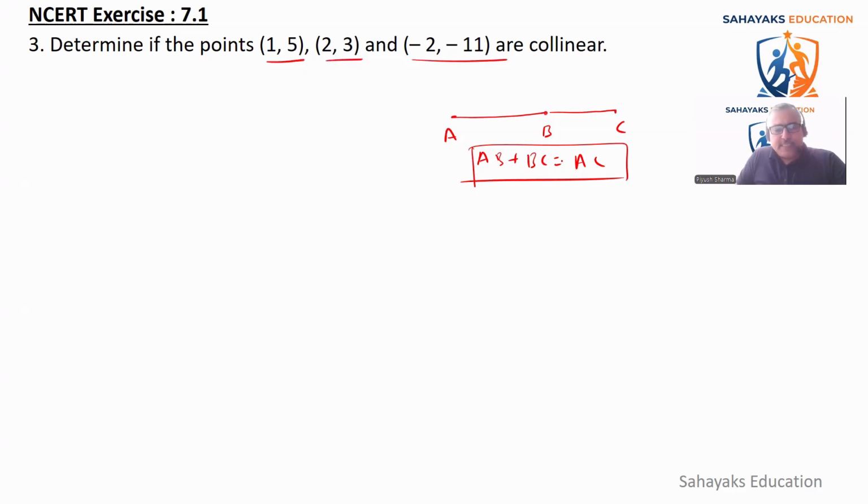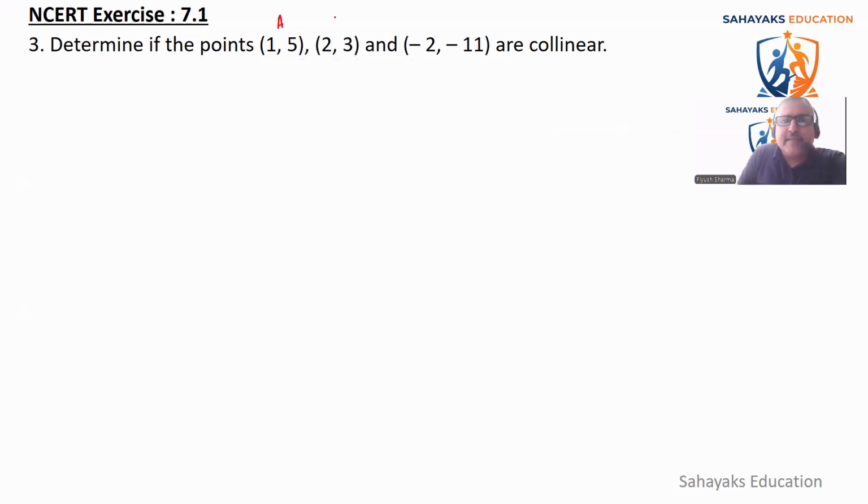Okay. So let's find out what is the value of AB here. I'll consider this point as A, this point as B, and this point as C. So let's find AB. AB is equal to square root, using the same distance formula, of 2 minus 1 whole square plus 3 minus 5 whole square.